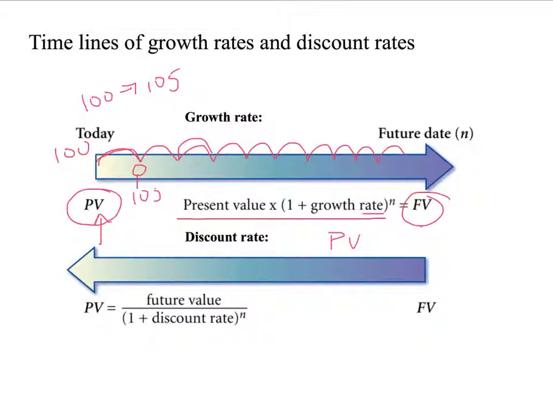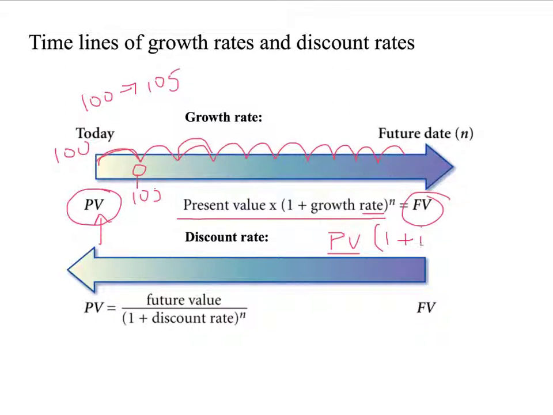So rather than doing this one step at a time, especially if you have to do it for 20 or 30 years, this formula basically allows you to do that. So we are taking the present value, $1,000, $100, and then the formula is: I'm going to take 1 plus whatever I'm assuming for the growth rate.